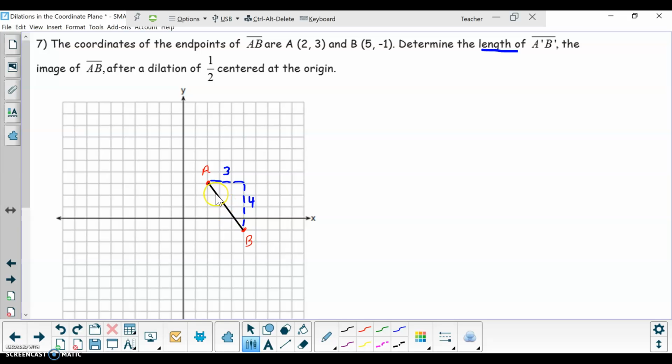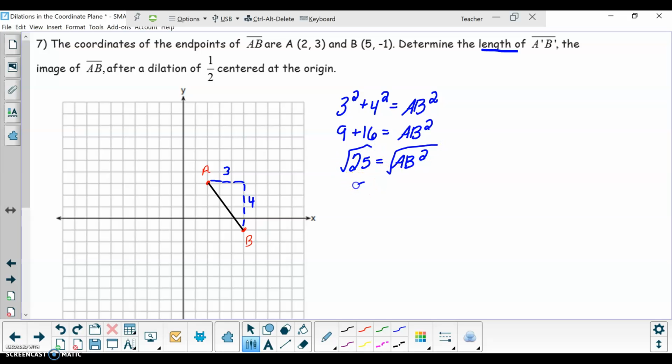So 3 squared plus 4 squared is equal to AB squared. 3 squared is 9, 4 squared is 16. When we add that together, we get 25. That works out nicely. The square root of 25 is just 5. So AB has a length of 5.